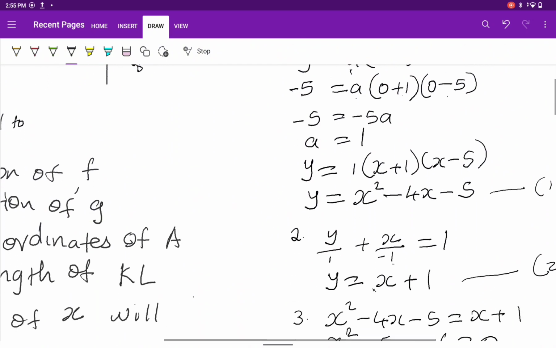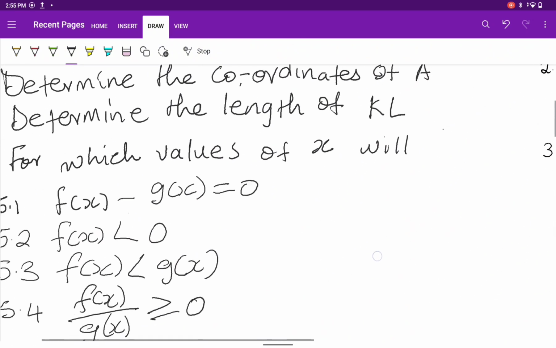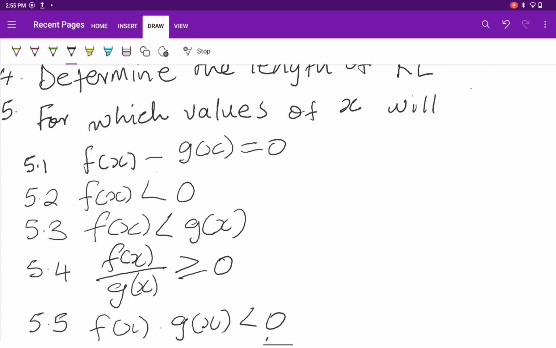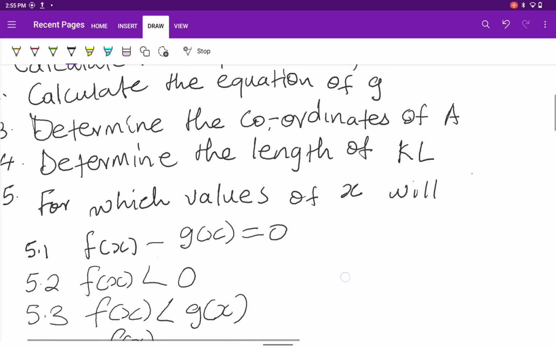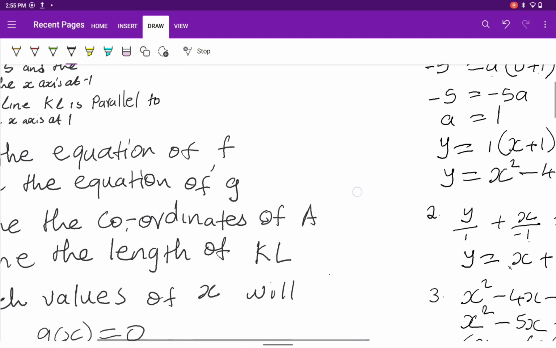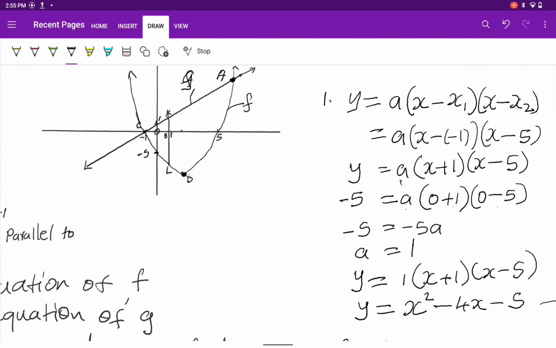Right, so the next question, number 4. Determine the length of KL. Now, let us look at KL. They said KL is parallel to the y-axis.